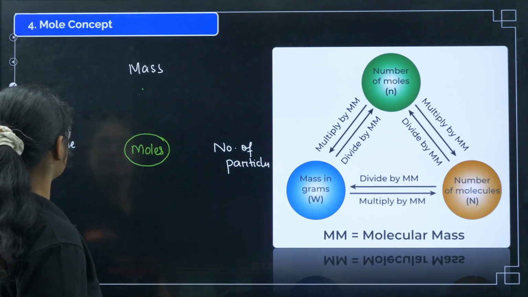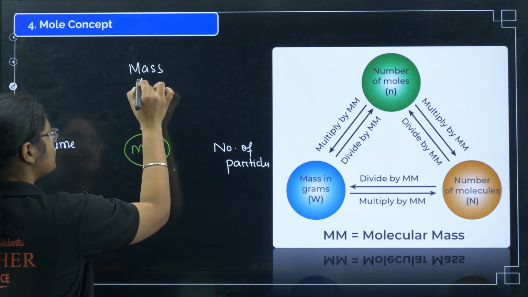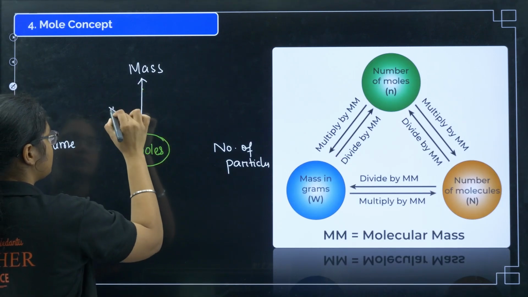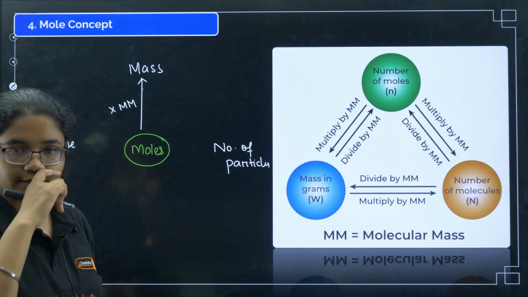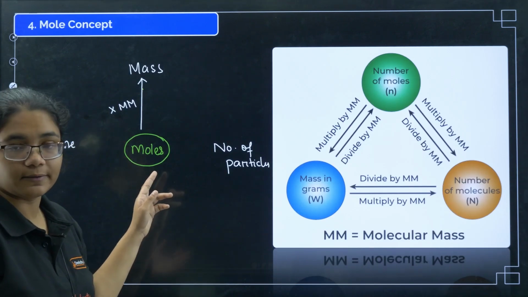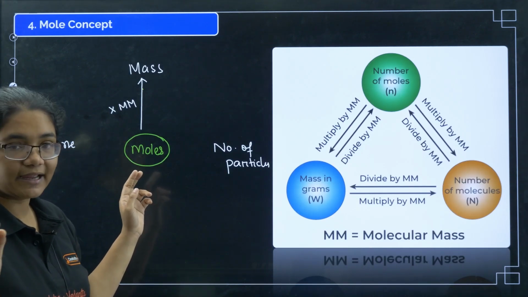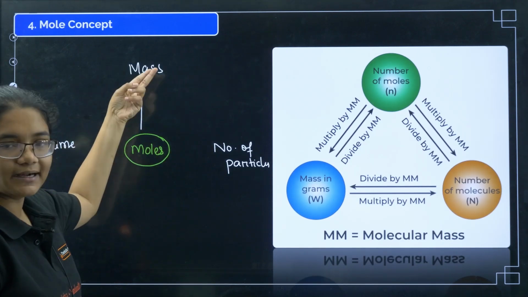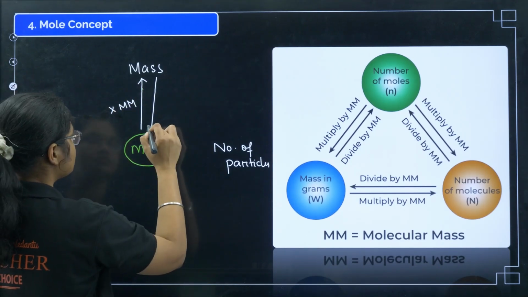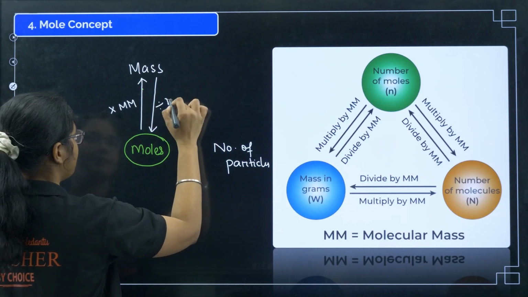For example, if I want to calculate moles to mass, you just multiply with molar mass. The molecular mass of water is 18, so 1 mole mass is 18, 2 moles mass will be 2 into 18, that is 36. Similarly, mass to moles, divide by molar mass.